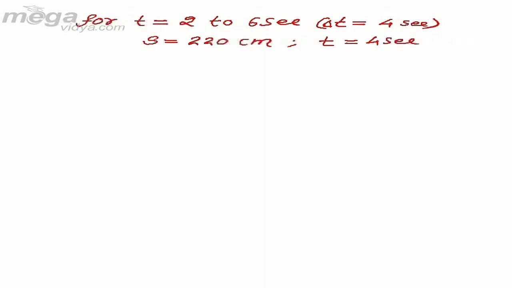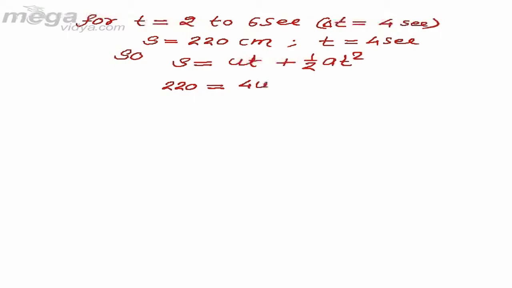So using the second equation of kinematics, s equal to ut plus half at square, we can write 220 equal to 4 times u, because the time taken by the particle to travel this distance is 4 seconds, so ut becomes 4u, plus half into acceleration a naught.